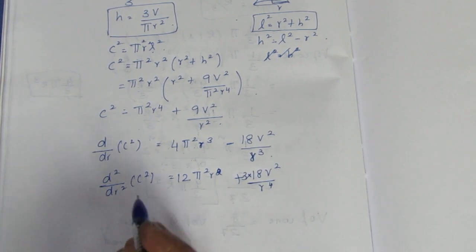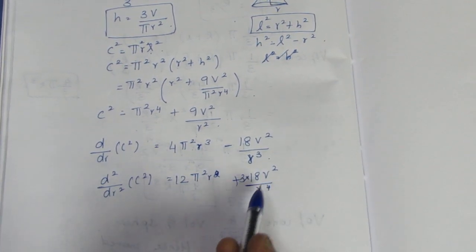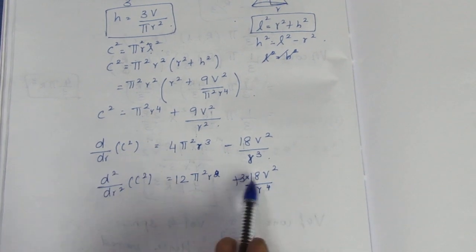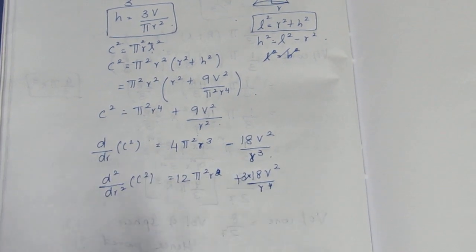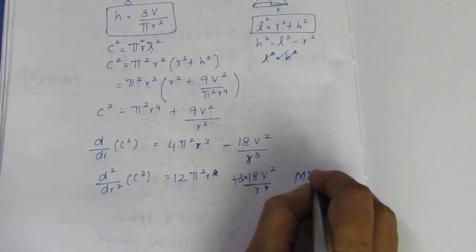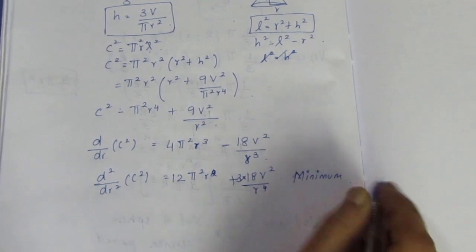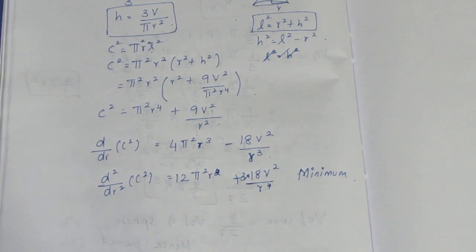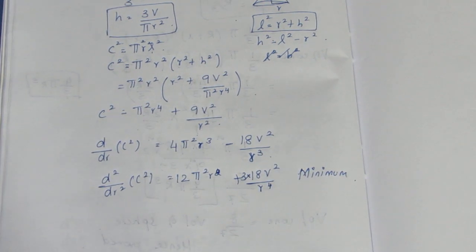So no need to multiply and check. We know that r and V, the volume, everything will be positive. Here we have both with a positive sign, which means we can say this is the minimum. Minimum is the least. So the curved surface area comes here as a least, without substituting the value of r or V, because of the positive signs in both the values.